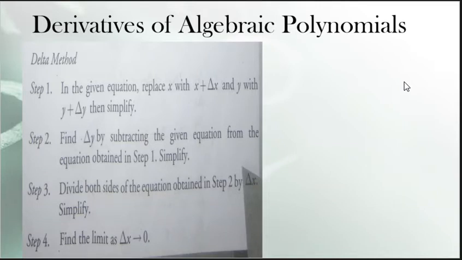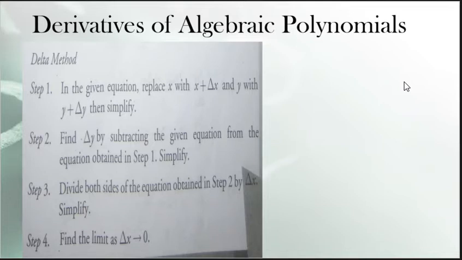Okay, for step number 1 given before, in the given equation, replace x with x plus delta x and y with y plus delta y, then simplify. And for step number 2, find delta y by subtracting the given equation from the equation obtained in step number 1.